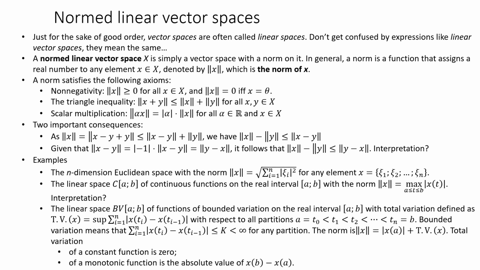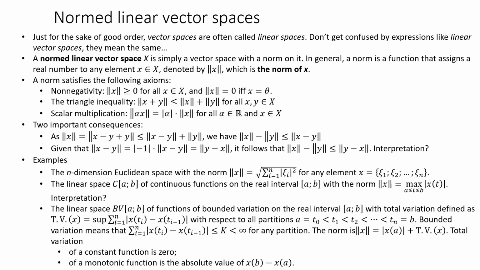So a normed linear vector space is a vector space with a norm on it, by which we can measure the length of vectors in the vector space. In general, a norm is a function that assigns a real number to any element in the vector space, which we call the norm of the element.